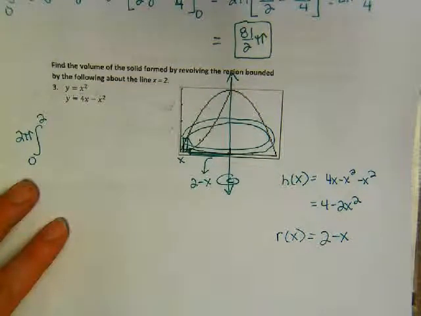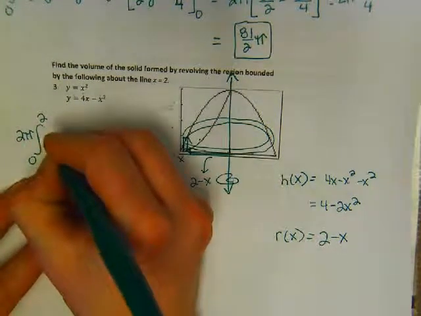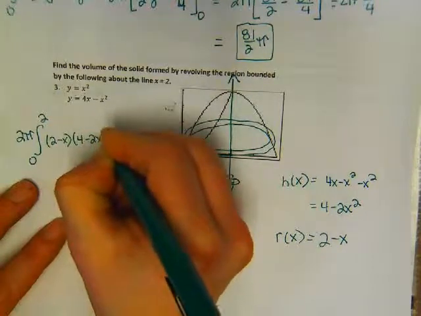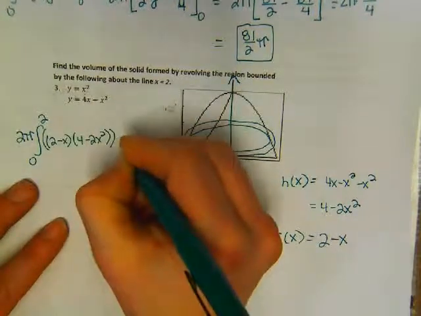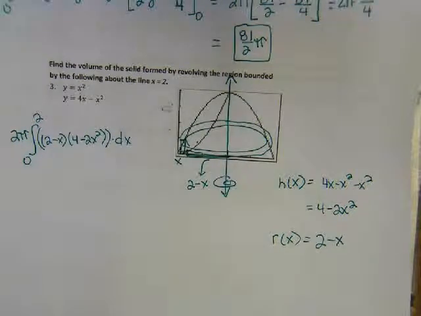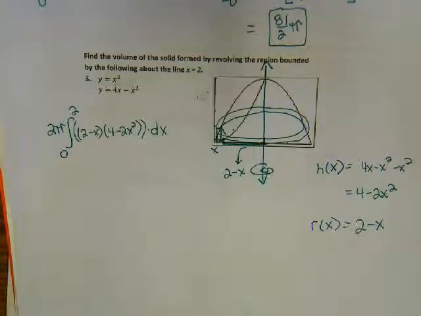And then I'm going to do h of x times r of x, which is 2 minus x times 4x minus 2x squared. By the way, while I'm pausing here, I think I would rather use shells for this one rather than disk methods.